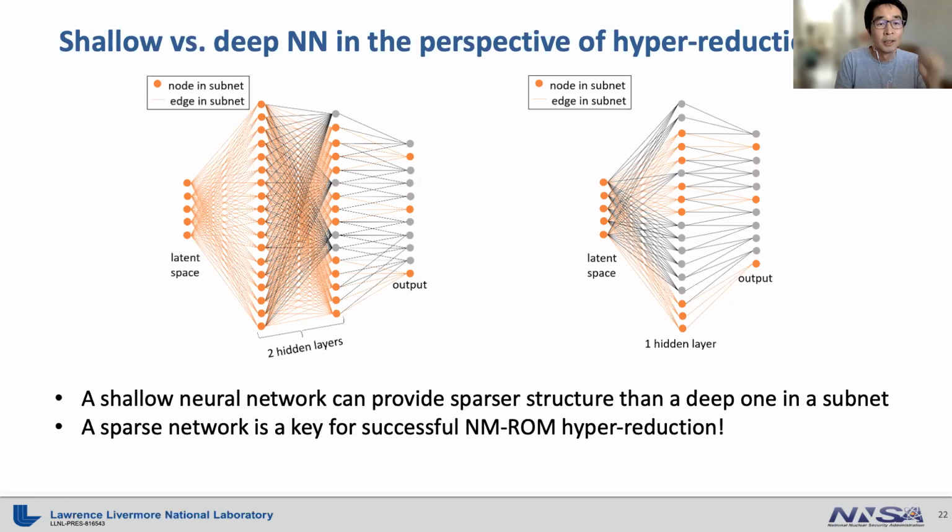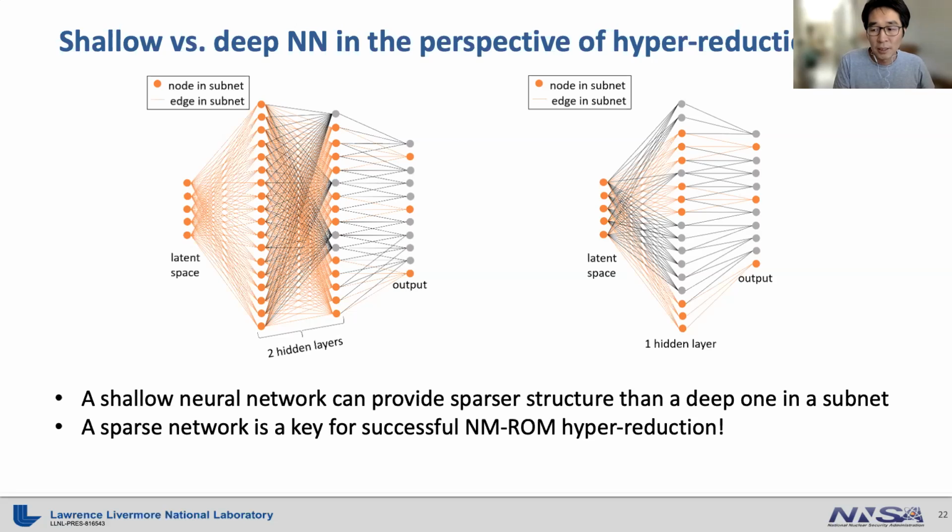It was the computation of the Jacobian of the neural net, because we were using an implicit time integrator and had to compute that Jacobian. Because of that, we had to move on to the shallow neural network and sparsify it. And finally, we were able to get the speedup.